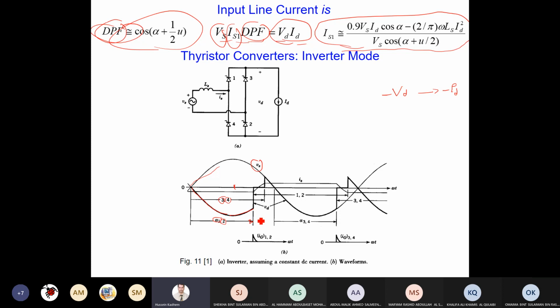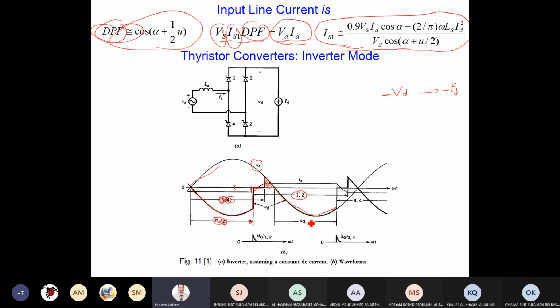When we trigger at this point, the voltage will jump. Because of commutation, we have a short circuit here, and then thyristors 3 and 4 will be off, and 1 and 2 will conduct. They start conducting, but only part of the positive voltage, and continue conducting the negative voltage and current. As you can see, this is T1 and T2.